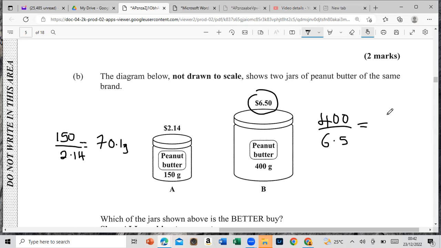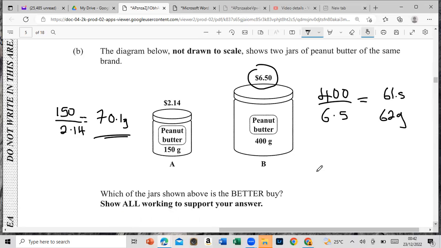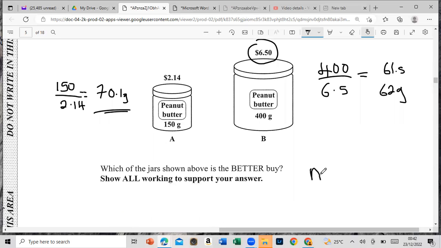So A would be the better buy. If per dollar you're going to get 61 grams, call it 62 grams, and I round it up. So this is way better, to get 70 grams per dollar versus that. So the better buy would be A.